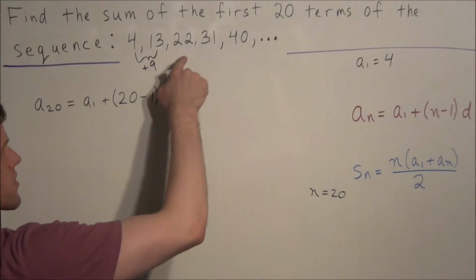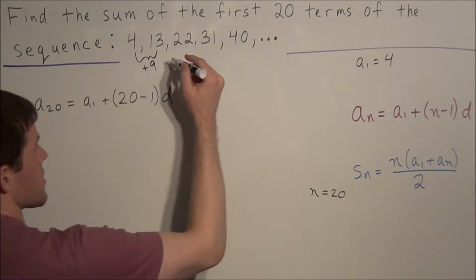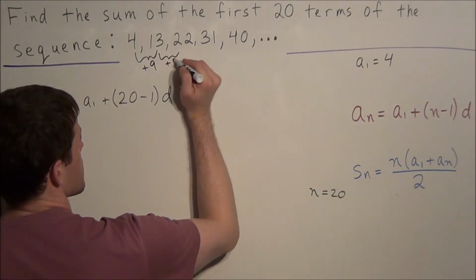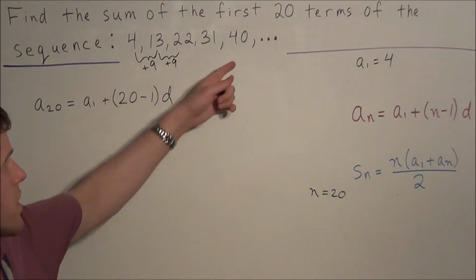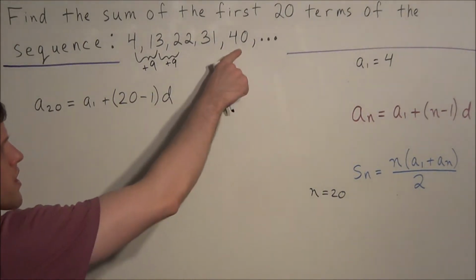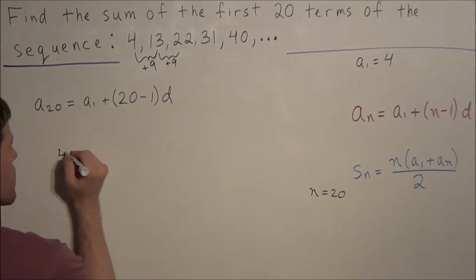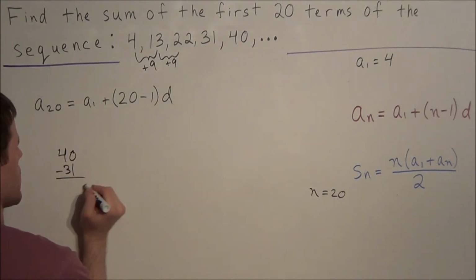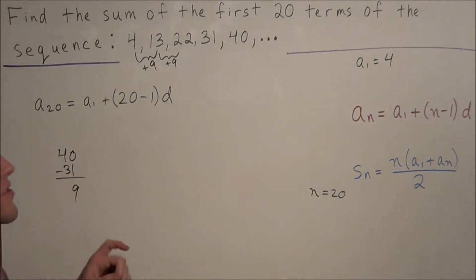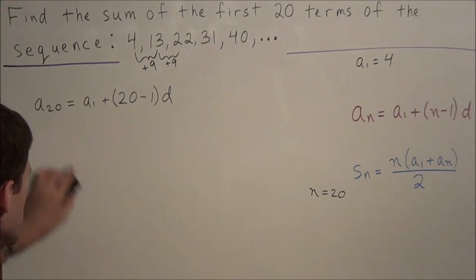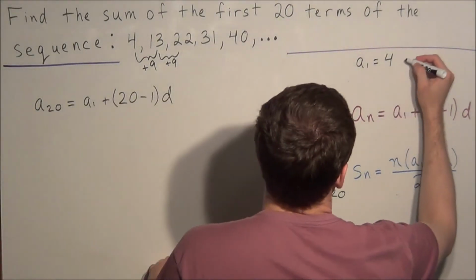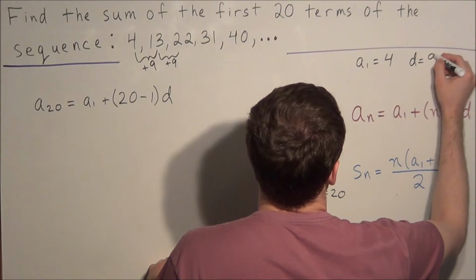You could check the next term: 13 plus 9 is 22. Another way to find the common difference is to subtract any two consecutive terms. If you did 40 minus 31, this would also tell you that the common difference is 9.